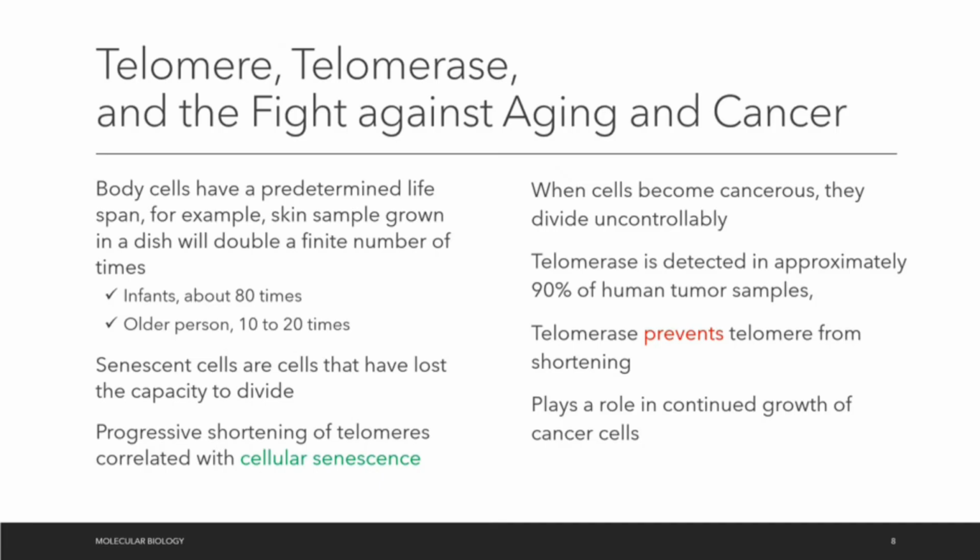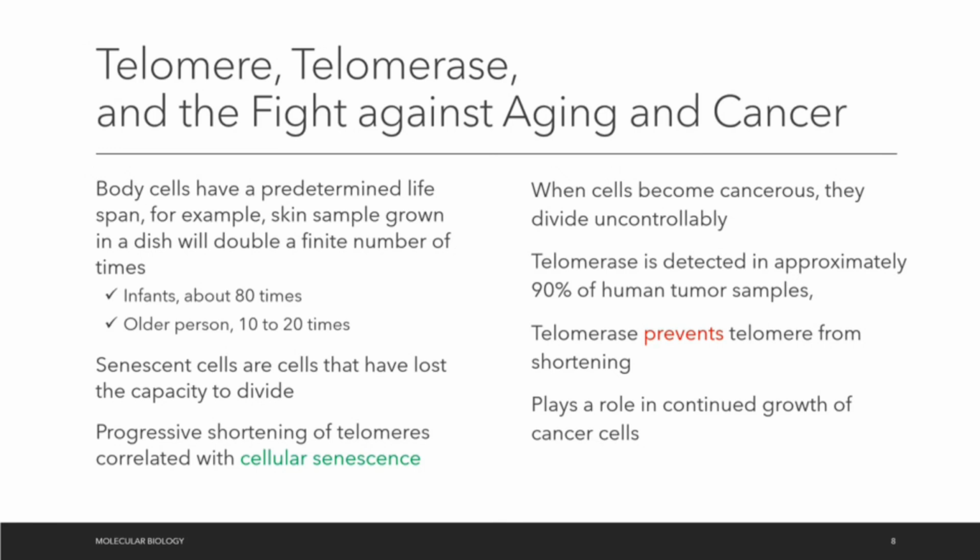At the same time, because cancer cells are actually ageless, they don't stop dividing, the telomere and telomerase expression in cancer cells is also a very interesting target for cancer research, so anti-cancer drug development.